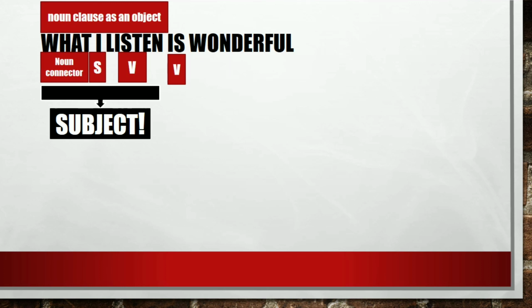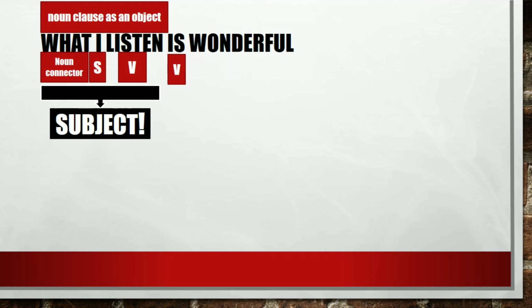So, please do not get confused because of that. Jangan sampai tertipu dan mengira ini double verb. Please be careful. For me personally, I will always see what I listen as one package, as a subject, so we do not get confused.